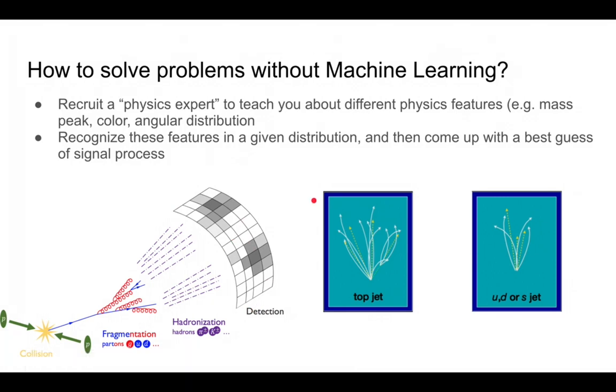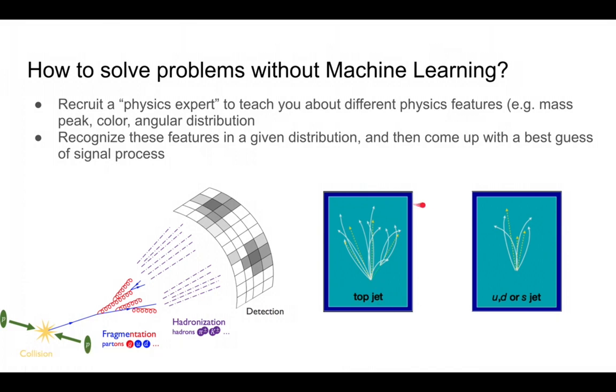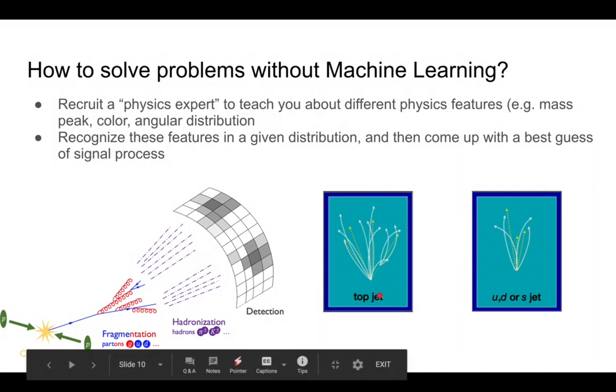In this case, we can ask whether we can classify this produced particle to be a top quark or an up, down, or strange quark. Those are the light quarks. These three quarks have a much lower mass than the top quark. We could recruit a domain expert, and we can learn the top quark is much heavier.